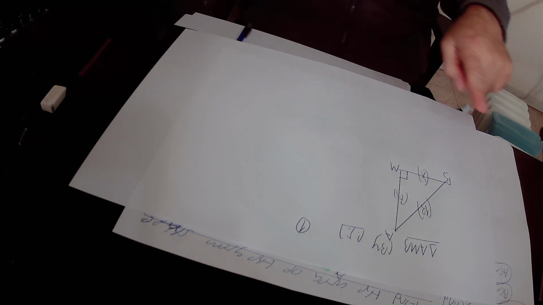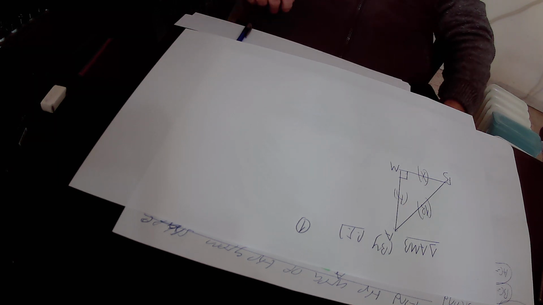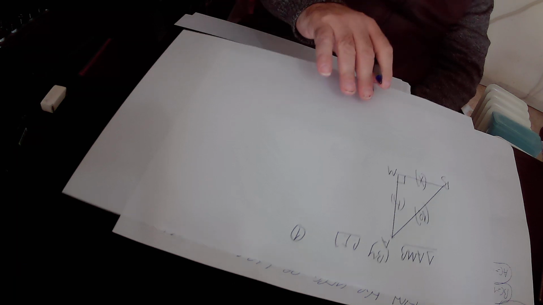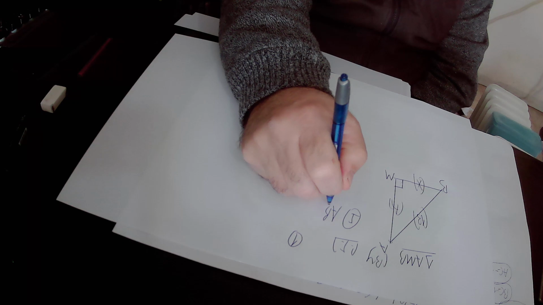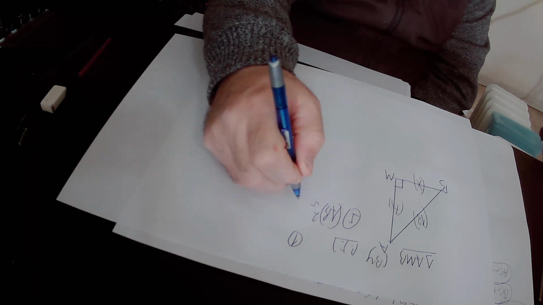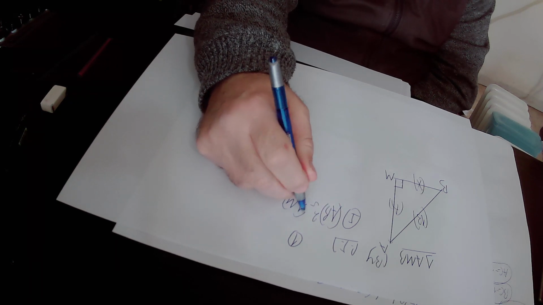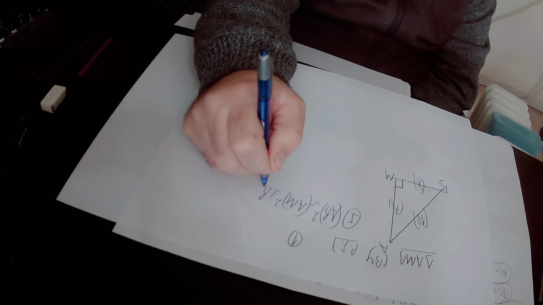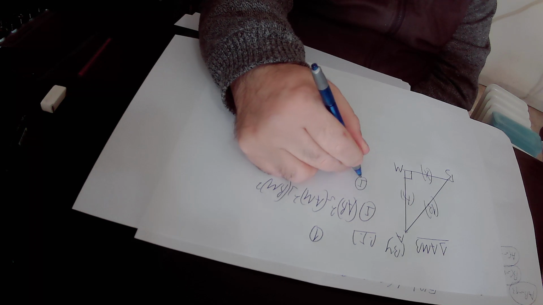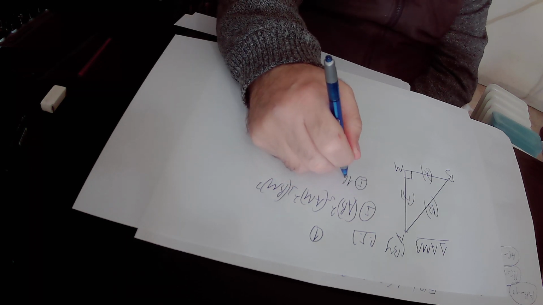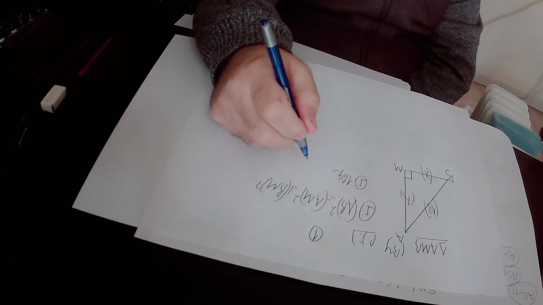According to the Pythagoras theorem, in this right triangle ABM, AB square, this will be equation number 1, AB square equals AM square plus BM square. AB is 13, therefore AB square is 13 square, that is 169, and it equals AM square.